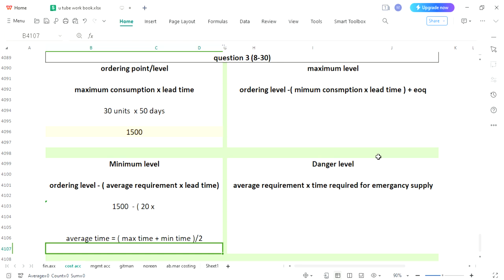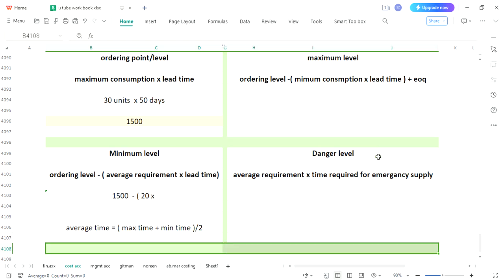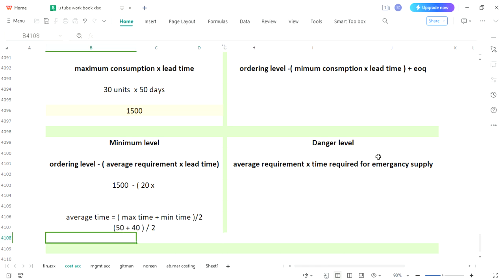Okay, actually we need one more line, so let's make one more line. 50 is your maximum time, add minimum time which is 40, close your bracket and divide it by 2, with which you can calculate your average time.